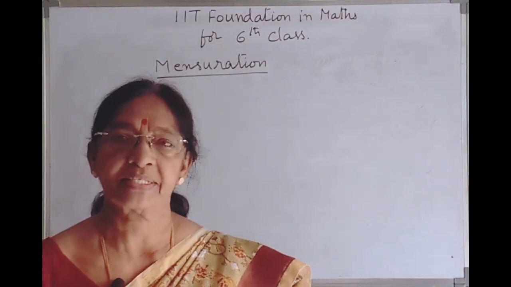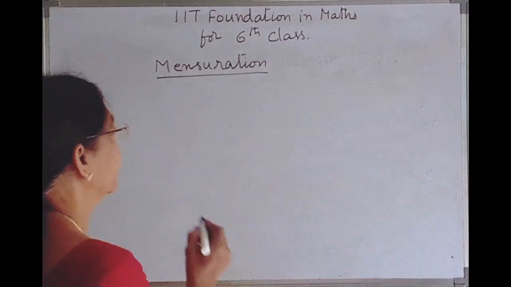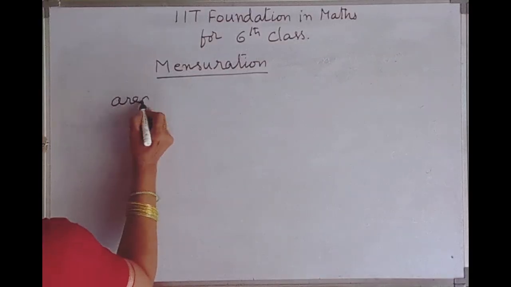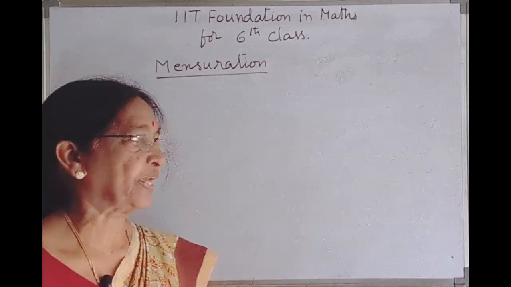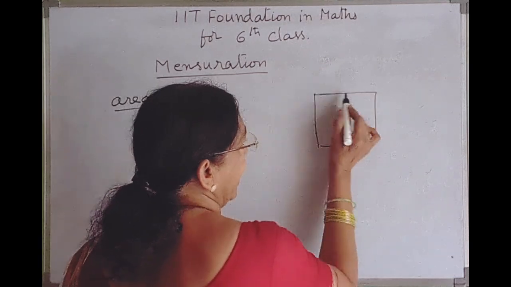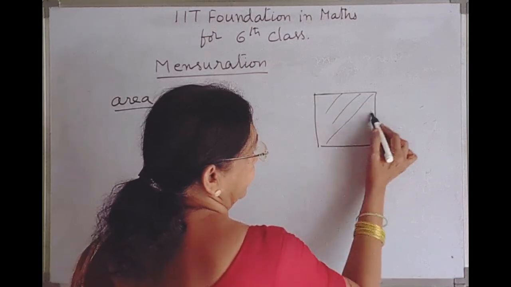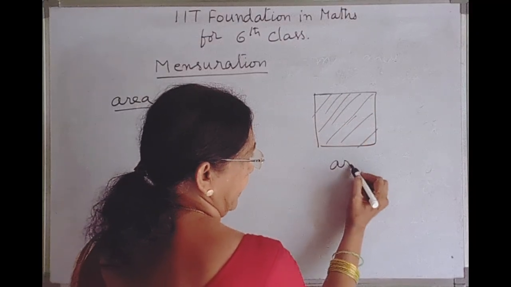For plane figures, there is another measurement called area. Area is the surface occupied by a plane figure. For example, this is a square. It occupies a certain area. So this is called the area, the space area.